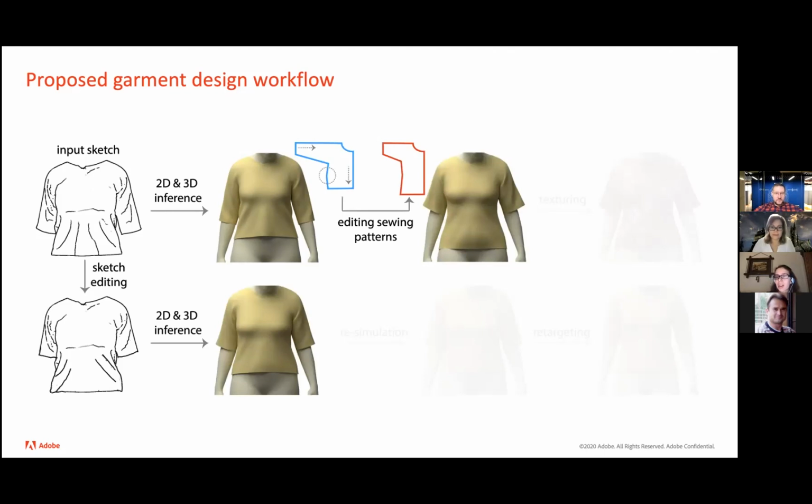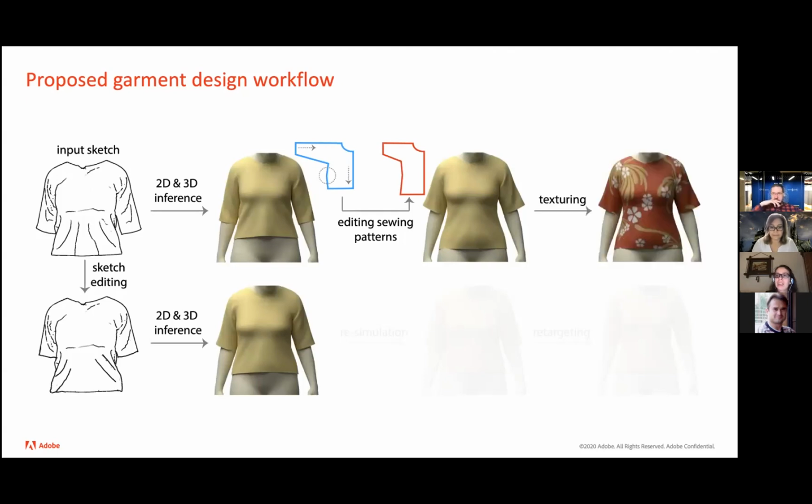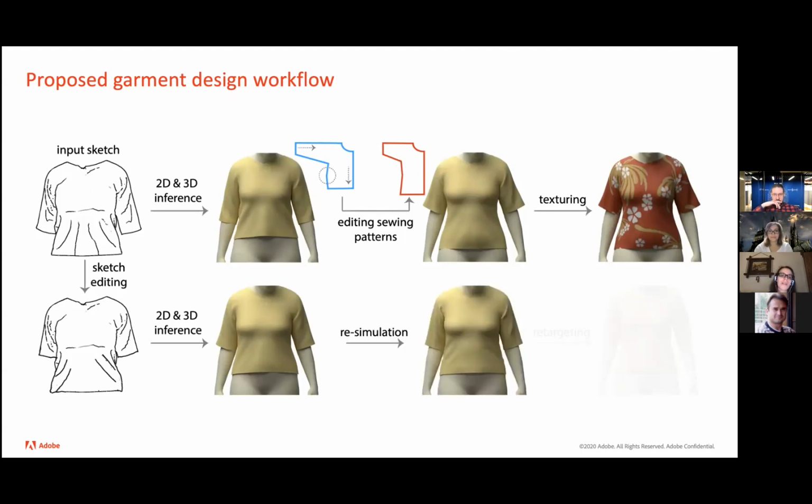And once he is happy with the current design, he can also apply different textures. Since we have the 3D garment and the corresponding 2D patterns, we know the correspondence between the texture space and 3D. So it's very easy to apply different texture patterns. And in the final stage, maybe a final physical simulation of the garment can be performed to see the very accurate look of the garment.